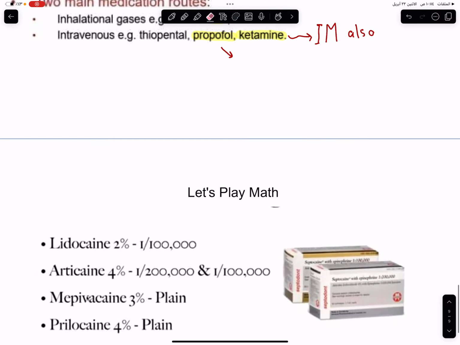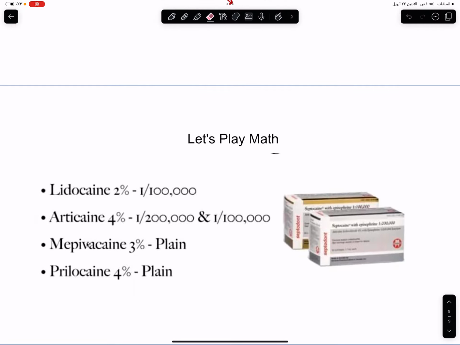Okay, let's play math. You will see they are available as percentage. Now, lidocaine 2%, or in ratio, lidocaine 1 over 10,000 or 100,000 and 200,000, like this.